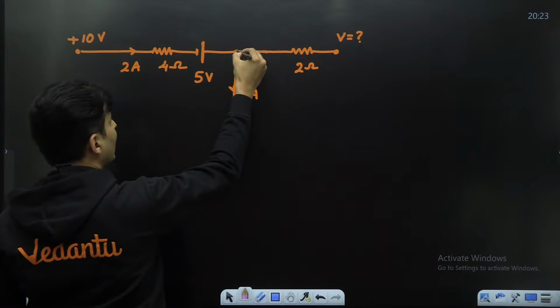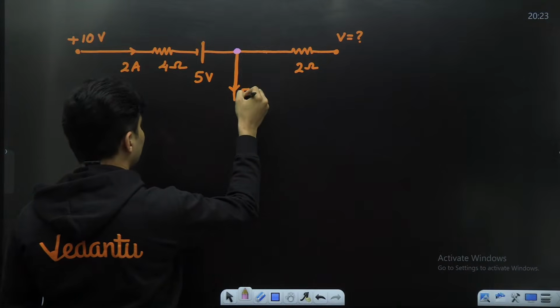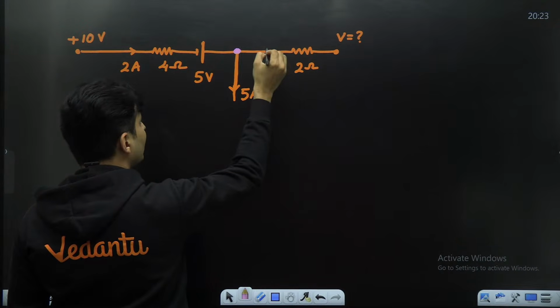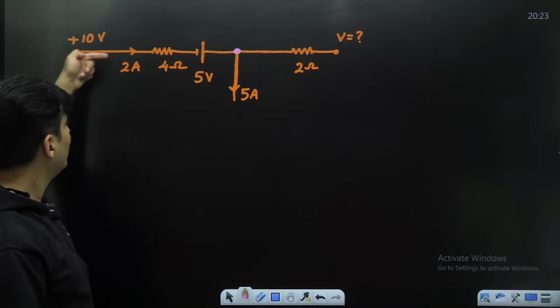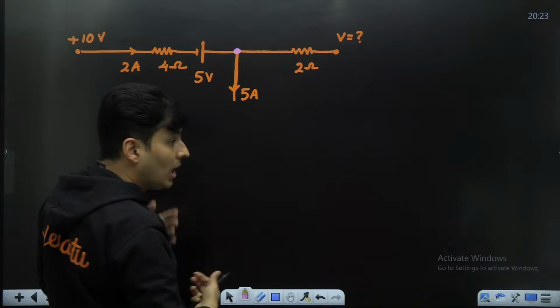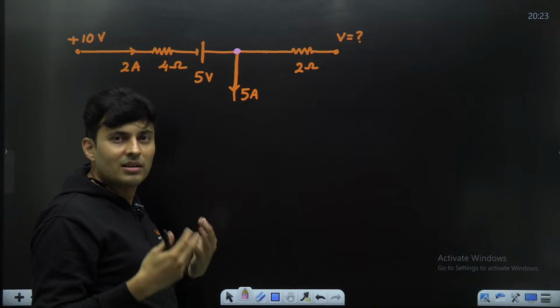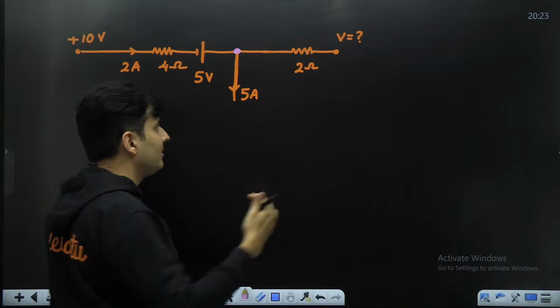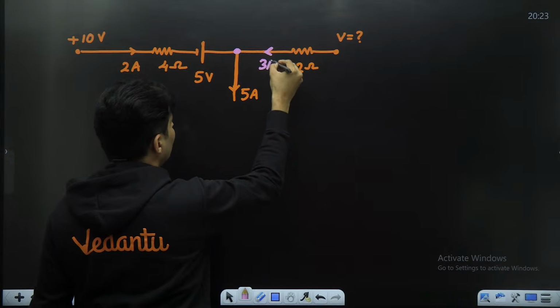As you can see at this particular junction, 2 amperes is entering in, 5 amperes is exiting out. Can you guys quickly guess and tell me how much current will be going in or out? 2 is coming in, 5 is going out. How come more is going out? Obviously, to balance it out, the remainder, the deficit, is 3 amperes. So 3 amperes should definitely be going in.